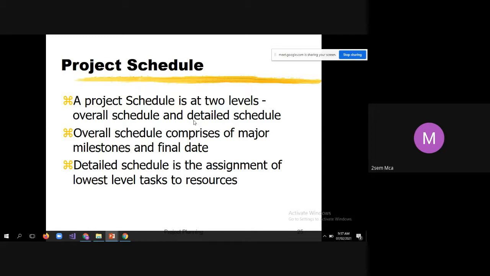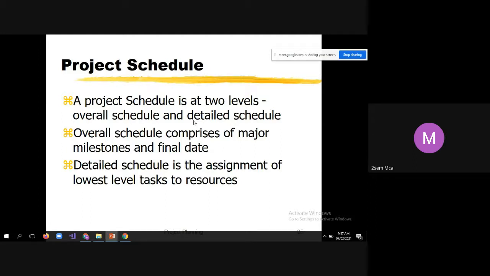That is another milestone. After another 4 months, you have to finish testing and your test report should be ready. That is another milestone. Like that, the overall schedule comprises of major milestones and final date. Final date is the software delivery date.